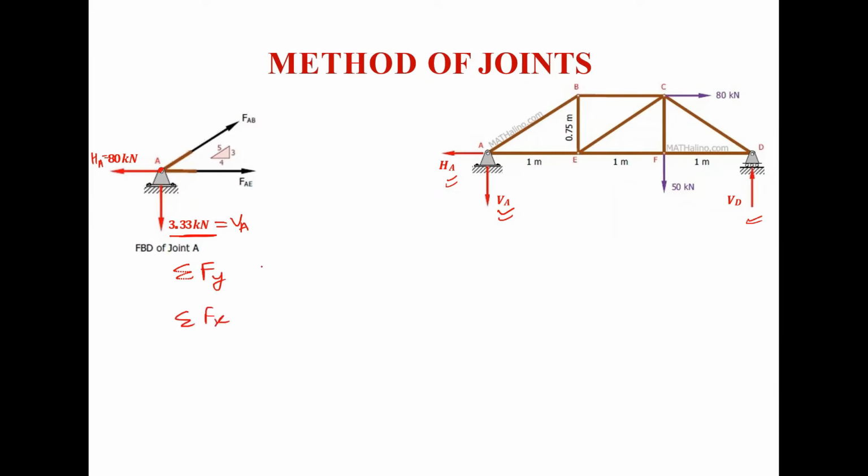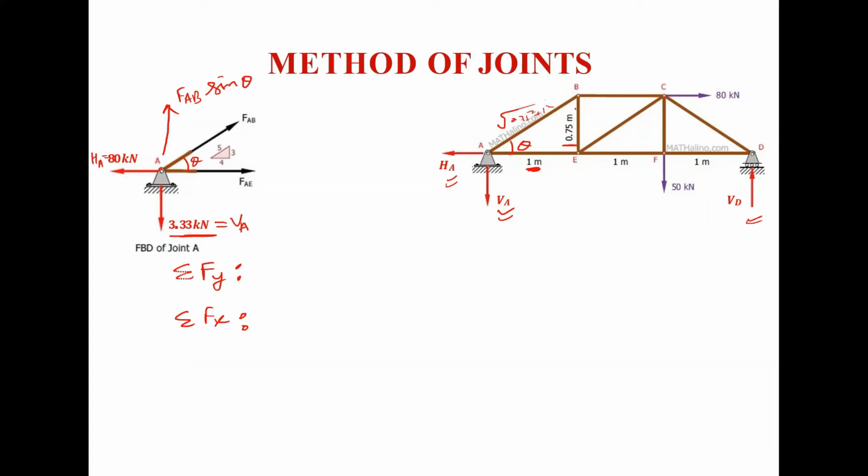So two equations, two unknowns, so directly you can find out FAB and FAE. To apply vertical force balance, we need the vertical component of FAB. It will be FAB sin theta. Suppose this one is theta, and this one is 0.75, and this is 1 meter. So you can calculate this hypotenuse by square root of 0.75 squared plus 1 squared.